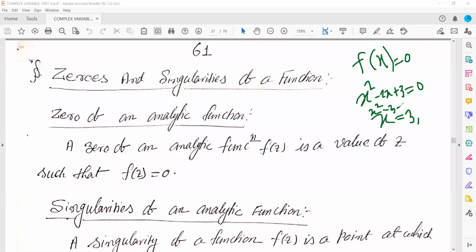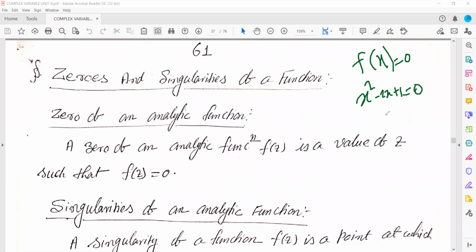You can't take the other one, because you will get only one negative sign. Suppose I am giving here, suppose 1 is equal to 0.